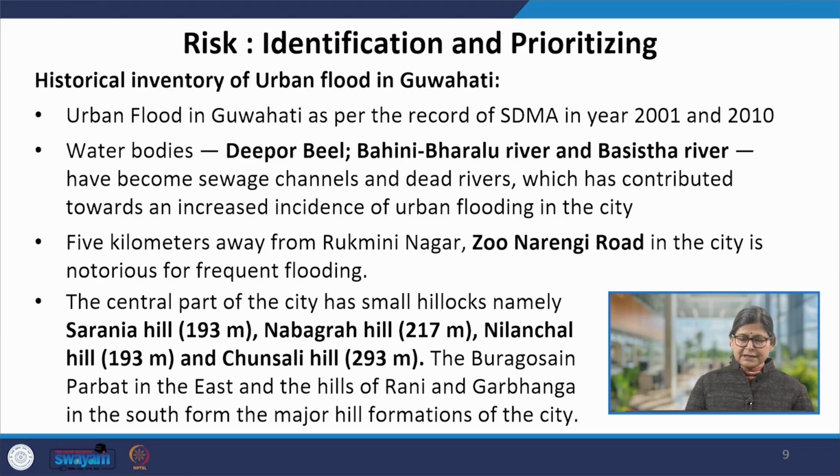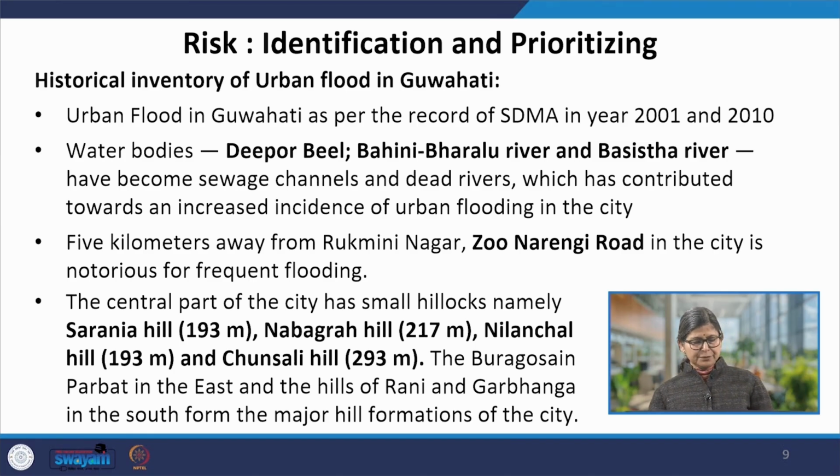Water bodies like Dipor Bil, then the rivers like Bahini, Bharalu River, Bashishta River, have become sewer channels and dead rivers, which has contributed towards an increased incidence of urban flooding in the city. Five kilometers away from Rukmini Nagar, the Zoo Narengi Road in the city is notorious for frequent flooding. I'll be showing some of these locations in the next slides.